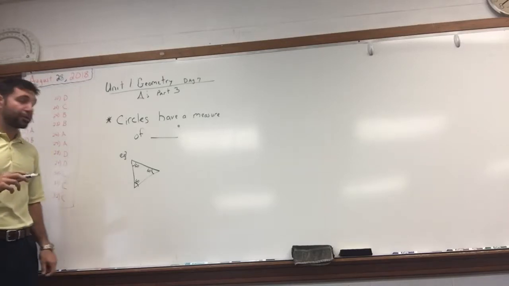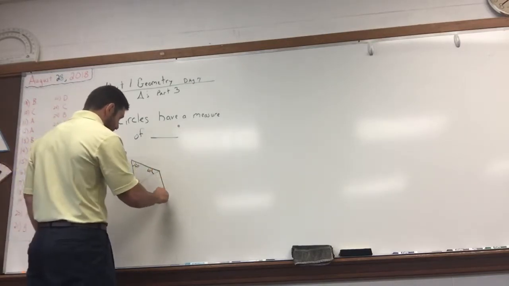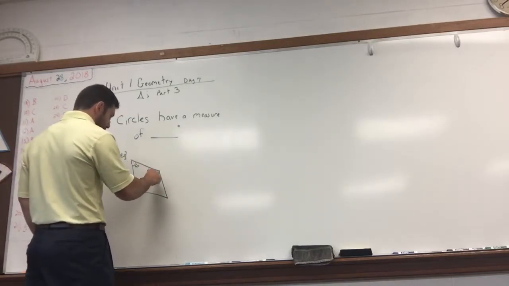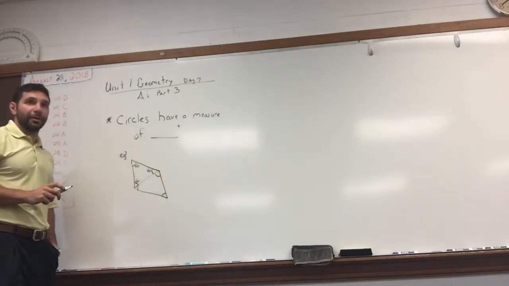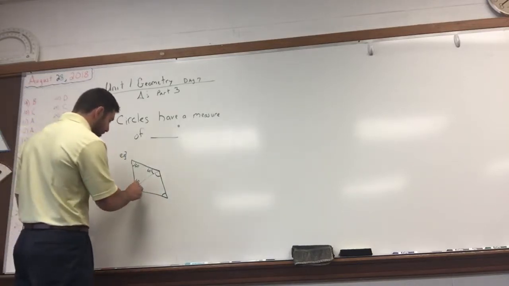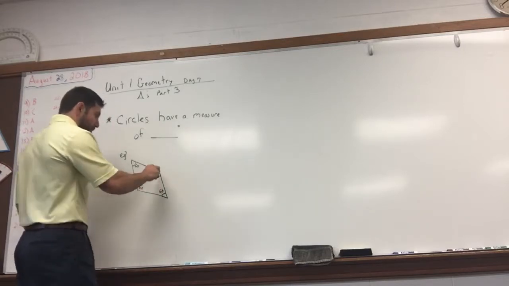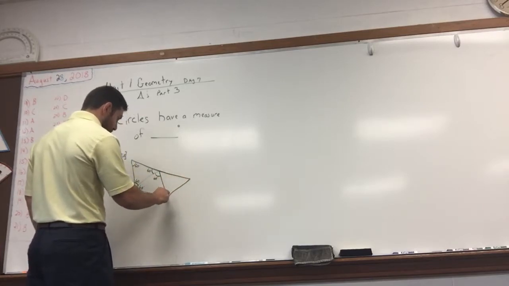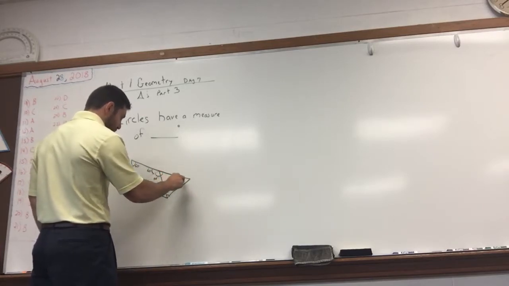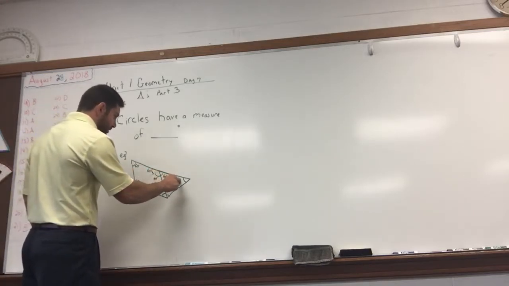Divide it by 3. Okay, I'm going to keep adding some triangles. There's another equiangular. Everybody with me? That means those are all 60 degrees. And let's do one more, which means these are 60 degrees.